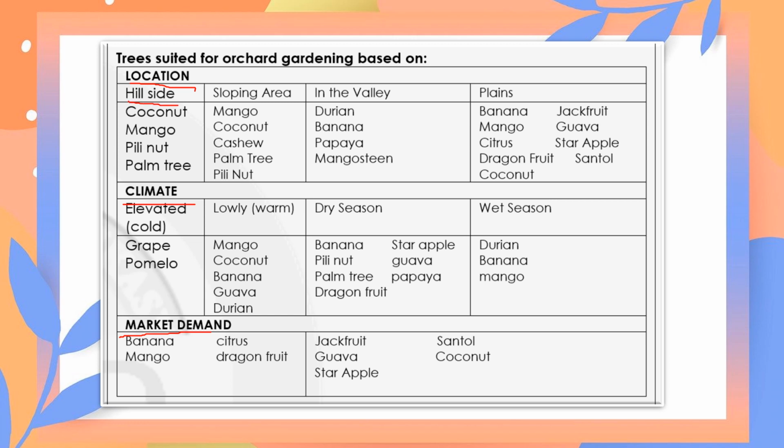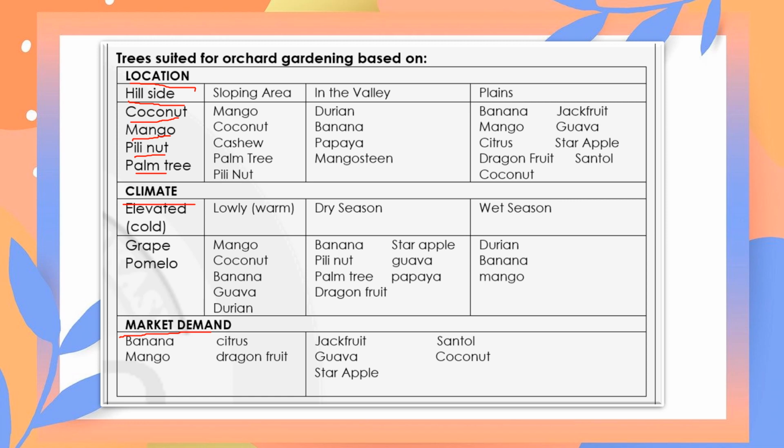So let's have hillside. When we say hillside, ito yung tagiliran o tabi ng bundok. So what are the fruits that grow there? So we have coconut, mango, pili nut, and palm tree.